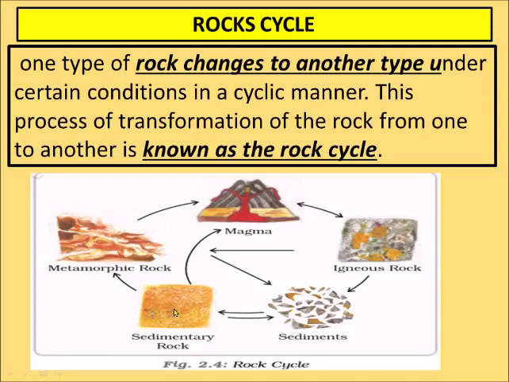And again, sedimentary rocks and igneous rocks, when under great heat and pressure, converted into metamorphic rocks. Metamorphic rocks again burnt with the help of volcanic mountains, and then again became magma. So there is no ending of this cycle. Continuously one cycle is going on. That's why this is known as the rock cycle.